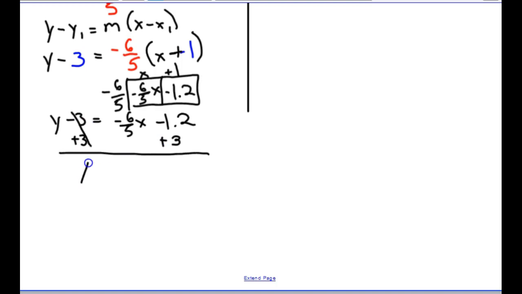And what we're left with is y equals -6/5 x plus 1.8, I believe. Yep, 1.8. So here is our equation for this problem.